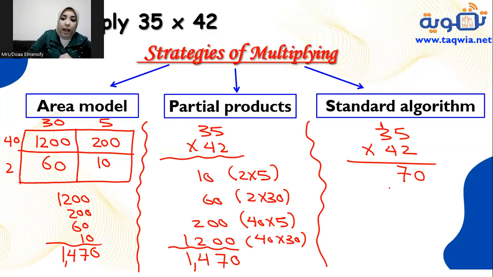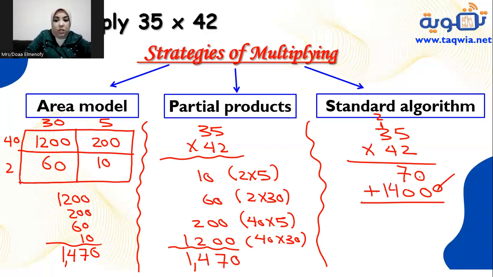Okay, so the second step, you're gonna add, and don't forget to put 0. It's very important. Don't forget it, please. So when we start to multiply this number by the second digit, you have to put 0. Here, 5 by 4 equals what? Equals 20, write 0 and carry up 2, and 3 by 4 equals 12 plus 2 equals 14.